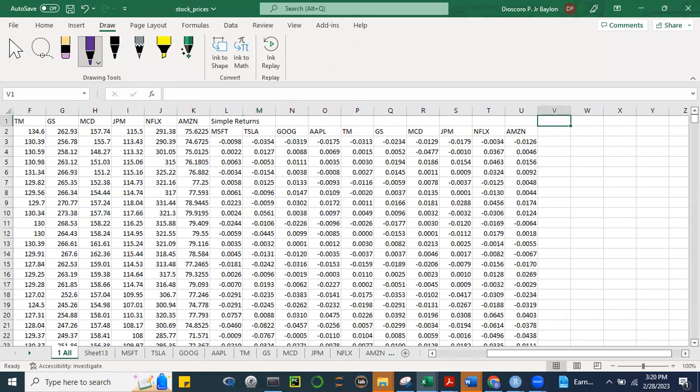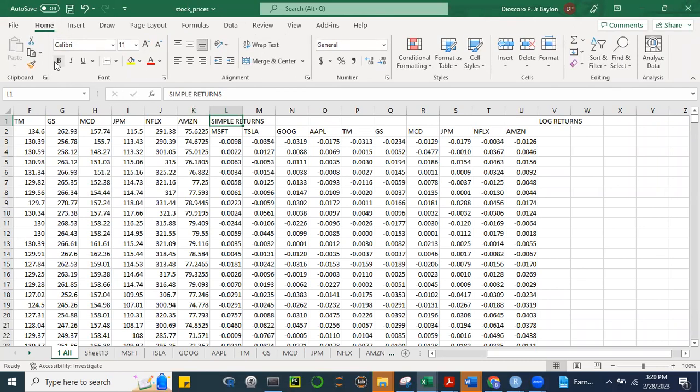It's called log returns. Okay, so there's a difference between simple returns and log returns. So from a financial perspective, mas ginagamit yung log returns kaysa sa simple returns. Okay, sige nga, paki-check. How do we compute for the log returns?